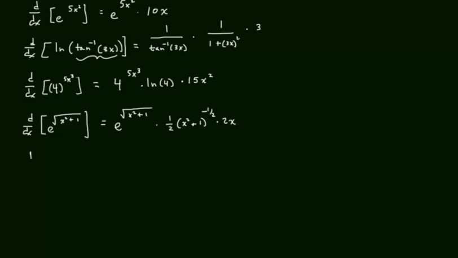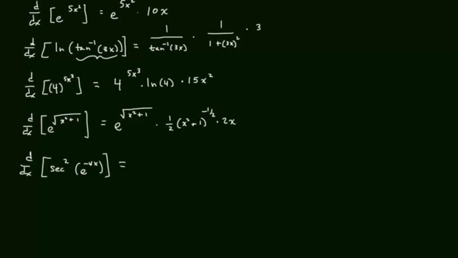Okay, moving on. The derivative with respect to x of secant squared of e to the negative 4x. Notice I did not say inverse secant, but regular, good old-fashioned secant.